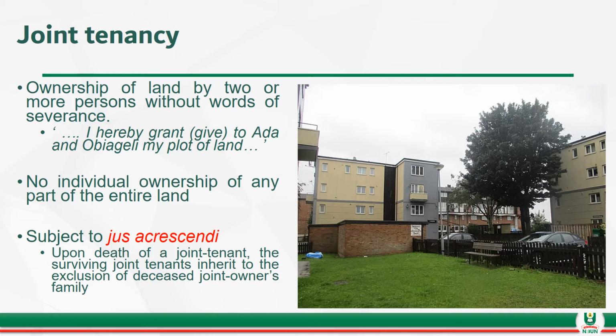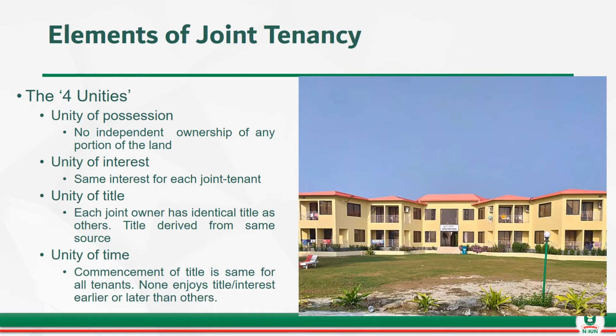No individual will have an individual interest apart from the other owners. And then upon the death of any one of the joint tenants, it is the surviving joint tenants, the other joint tenants, that will inherit his interest. His family members cannot inherit. That is what is called the principle of jus accrescendi.